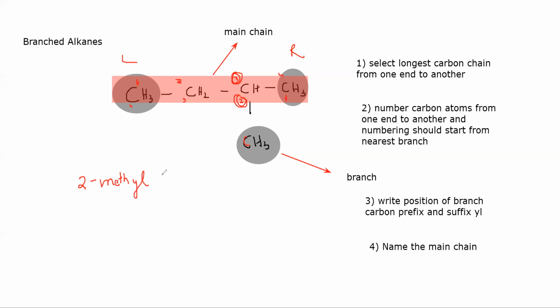So for 4, we use but. And between the carbon atoms, there's a single bond. So we will say it's N. So it's 2 methyl butane. Is it clear?